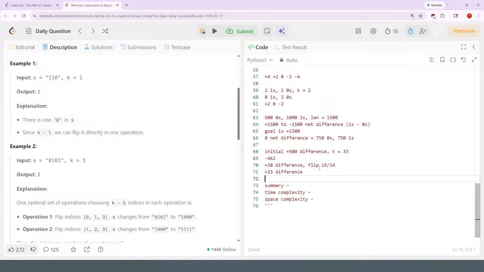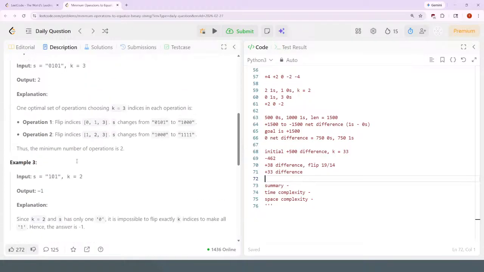So I guess it still can be rough because k could still be the length of the string.